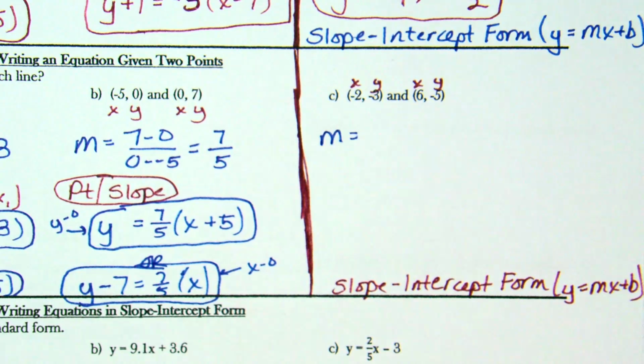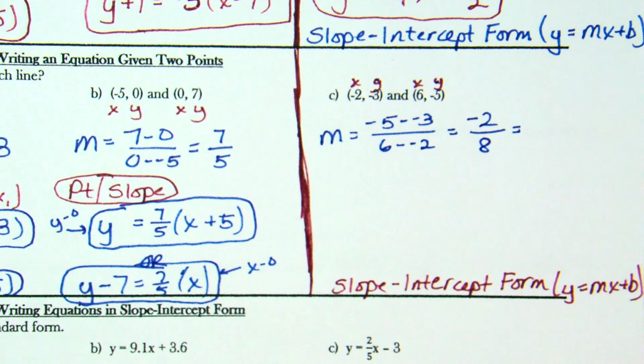If I do -5 minus -3, on bottom I need to do 6 minus -2. Becomes -5 plus 3, which is -2, 6 plus 2, which is 8. What about -2/8? Reduces to be -1/4.